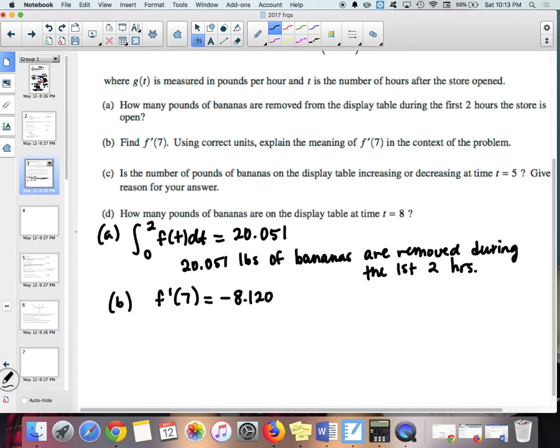On the answer key it says, after the store has been open 7 hours, the rate at which the bananas are being removed is decreasing by this. But we need to say at, because it does say at exactly 7. So I'm going to say at time t equals 7 hours, instead of using the word after.